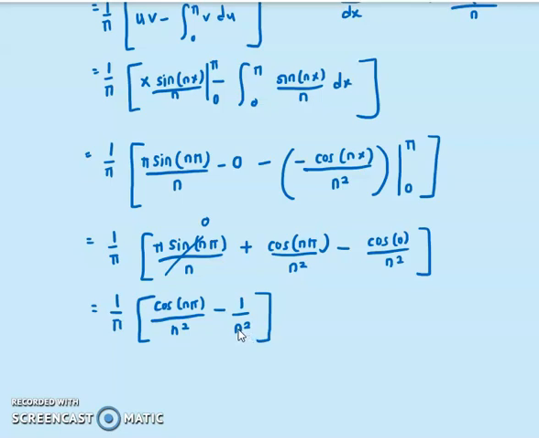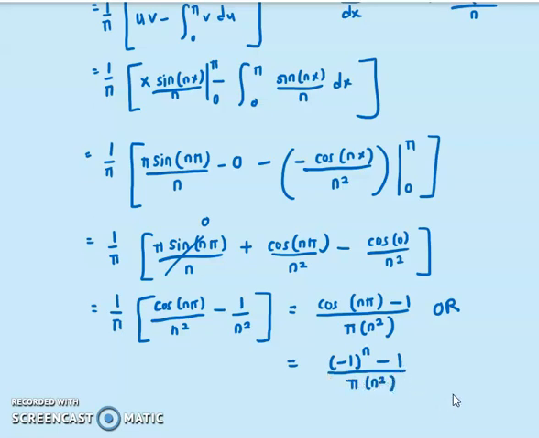There's two ways to write this. I can write this as cos n pi minus 1 over pi n squared, or I can also write this as minus 1 to the power of n minus 1 over pi n squared.